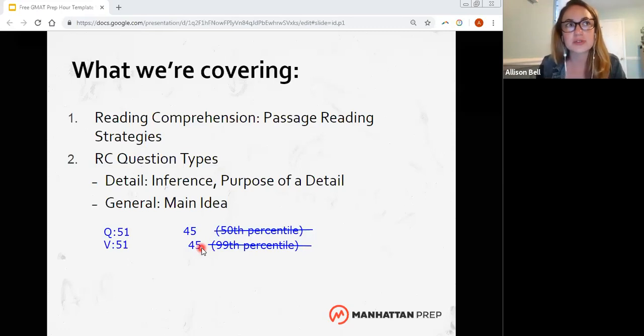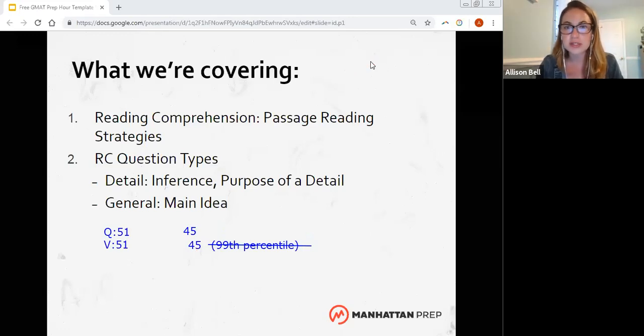So an individual question or a few individual questions can make a bigger difference in raising your verbal score than in raising your quant score. But I wouldn't say that verbal contributes more to your overall score. They contribute exactly the same.